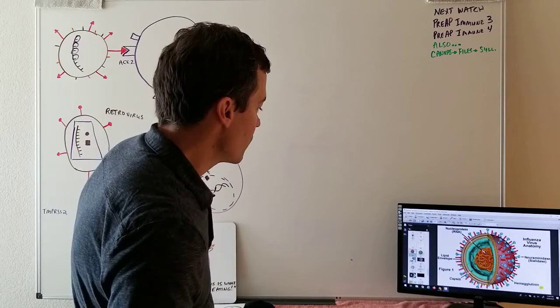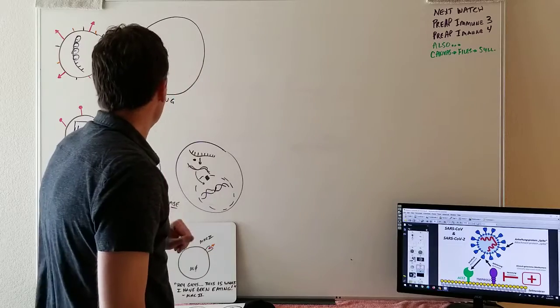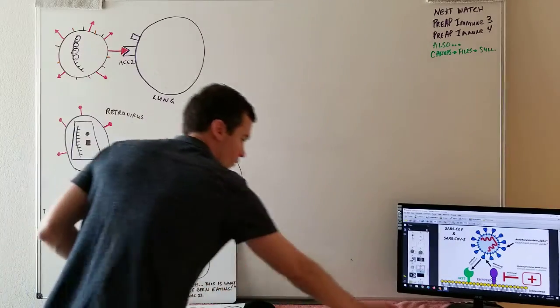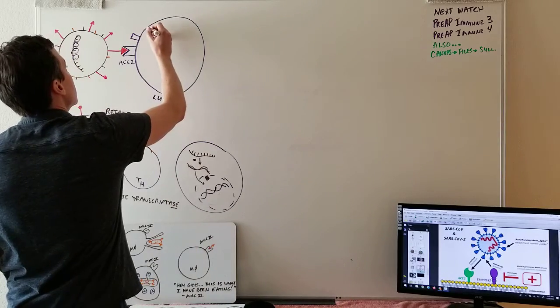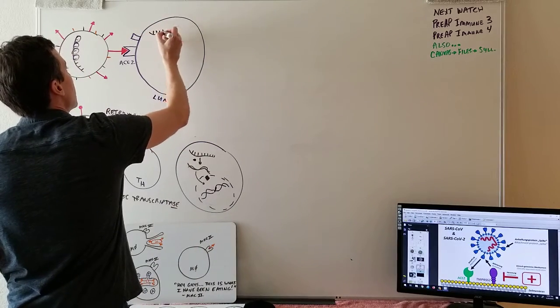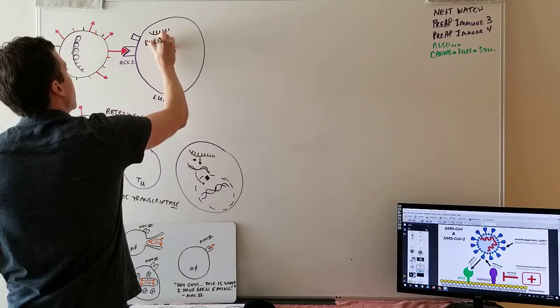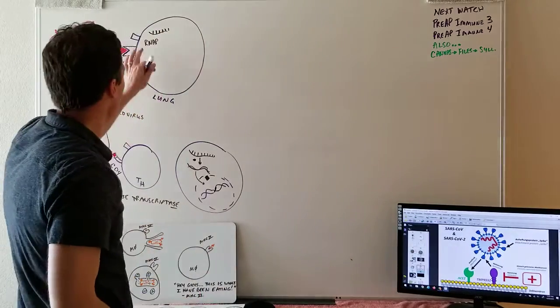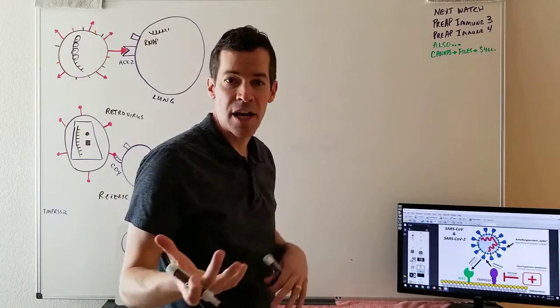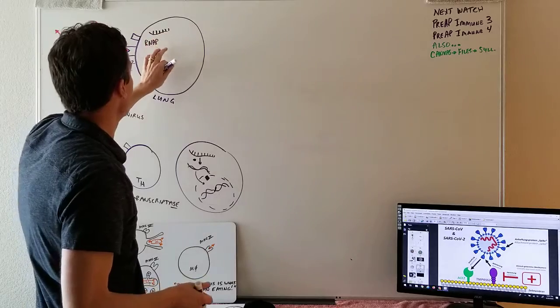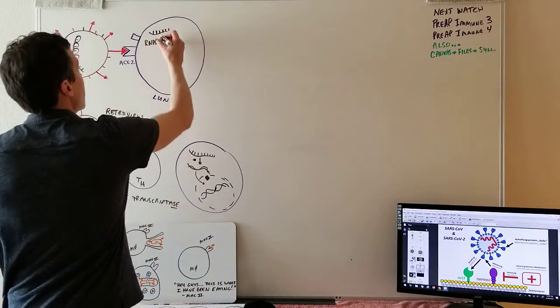Okay, so once SARS-CoV-2 gets into my lung cells, it works slightly differently. With SARS-CoV-2, it has an RNA-dependent RNA polymerase. So we learned about RNA polymerases. They convert DNA into RNA. This is an RNA-dependent RNA polymerase, so it depends on RNA.